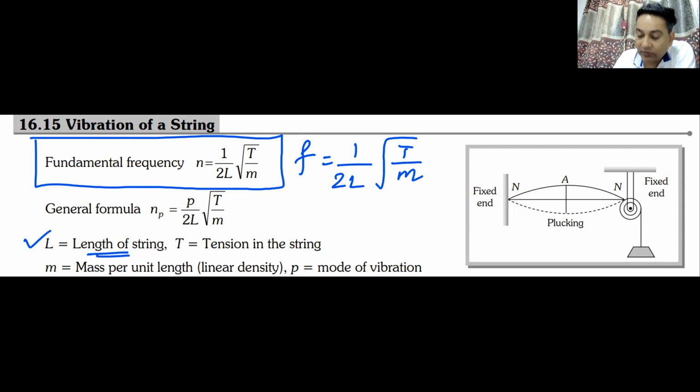L is the length of the string, T is the tension in the string, m is the mass per unit length. We call it linear mass density. This is the formula for the frequency of a standing wave that is created in a string.